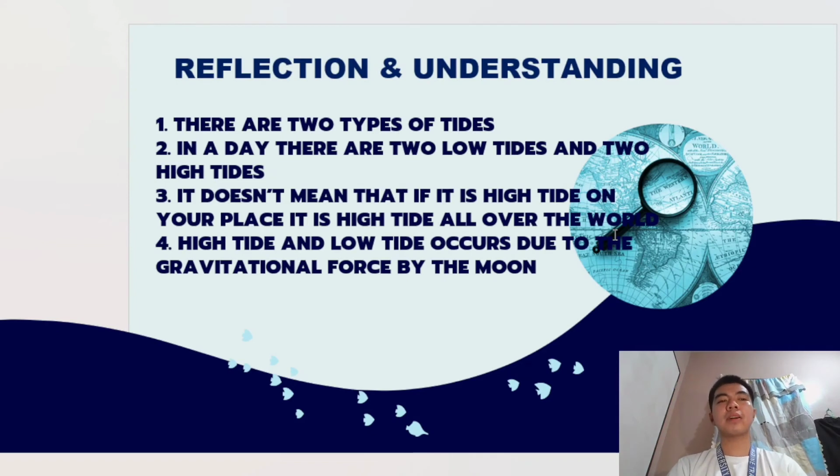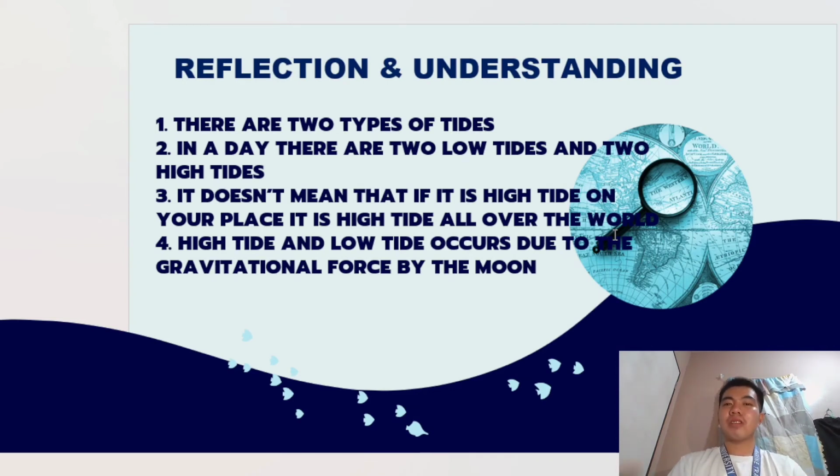But there are some parts of the world, like specific places in Southeast Asia and parts of Mexico, that only experience 1 low tide and 1 high tide. And number 3 of my realization and understanding from the lecture: it doesn't mean that if it is high tide in your place, it is high tide all over the world.